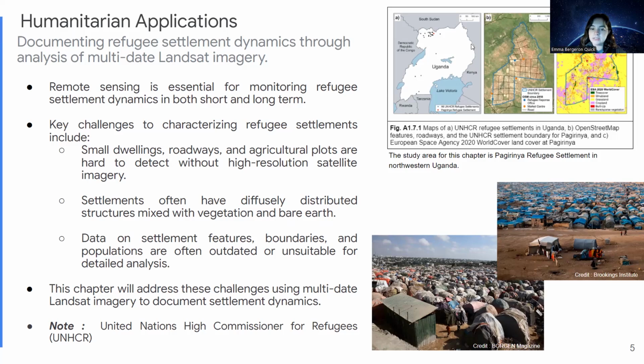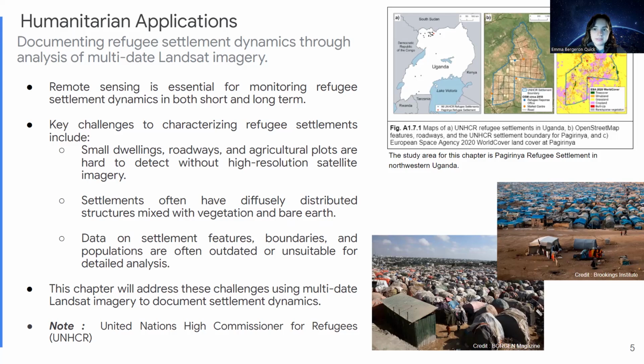UNHCR is the United Nations High Commissioner for Refugees. We've got the OSM features, the roadways, and then the UNHCR settlement boundary here. And then in here, you've got the European Space Agency 2020 World Land Cover at Pagirinia. I'm sorry if I'm mispronouncing that.